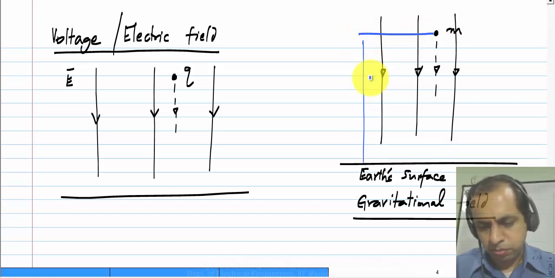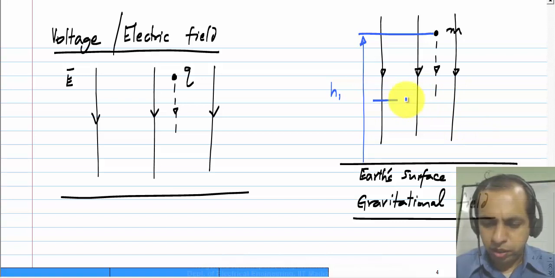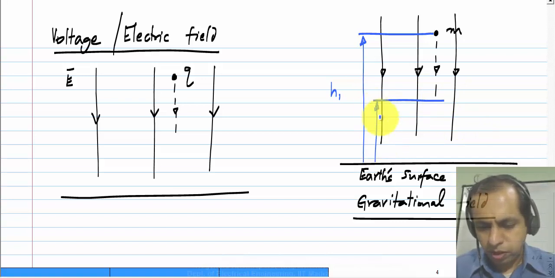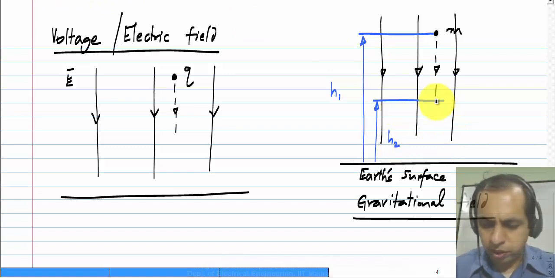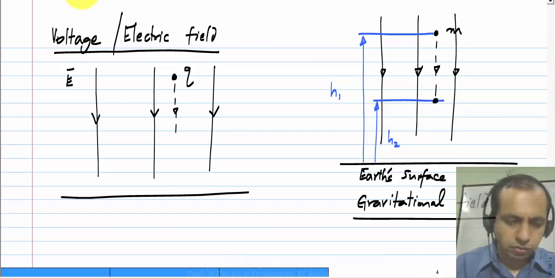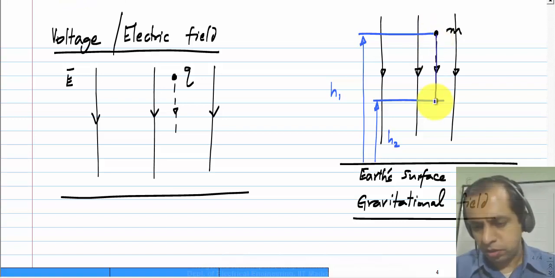Let's say it's at some height h1 and it falls to another height h2. So it falls from here to here.